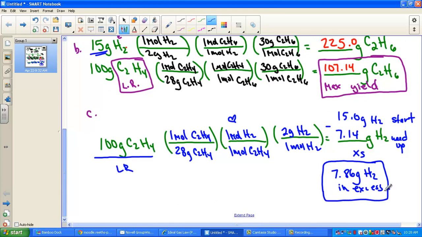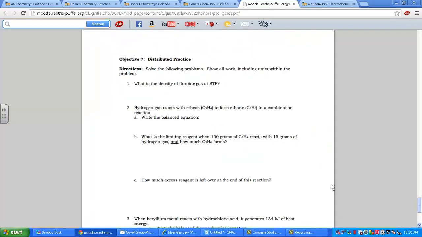There we go. So start from the limiting, go to the excess. Make sure you go to the exact same unit as what you were provided with as the initial amount so you can easily subtract.